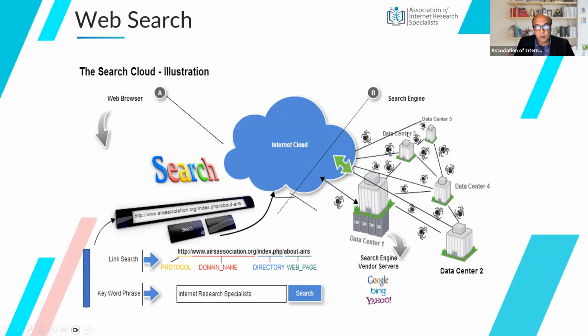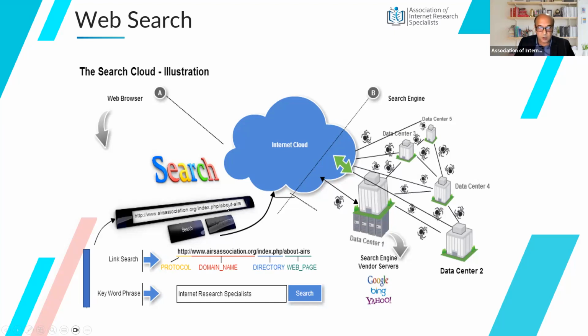Now, what the robots or these bots are doing is shown here. Say A is a web browser, and you put in an address shown in this address bar right here. Whenever you are trying to look for a page, let's say this page is about AOFIRS, for instance.